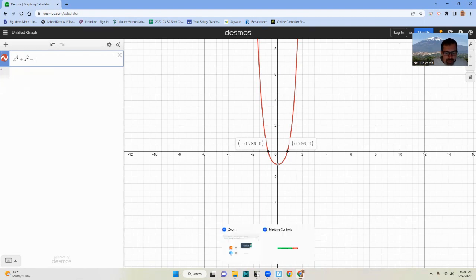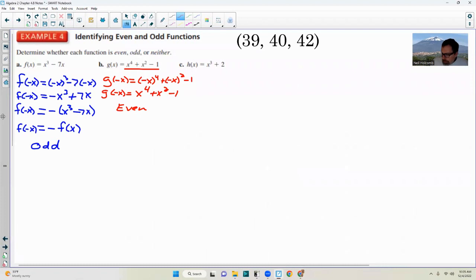So that is even. All right, and now let's do the last one. I'll use green this time. So I want to do h of negative x, and that is going to equal negative x to the third power plus 2. So negative to an odd power is going to stay negative x cubed plus 2. And as you can see, it's not the same, so it's not even.